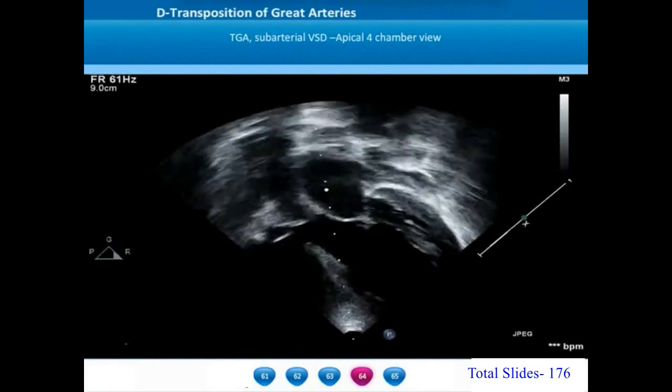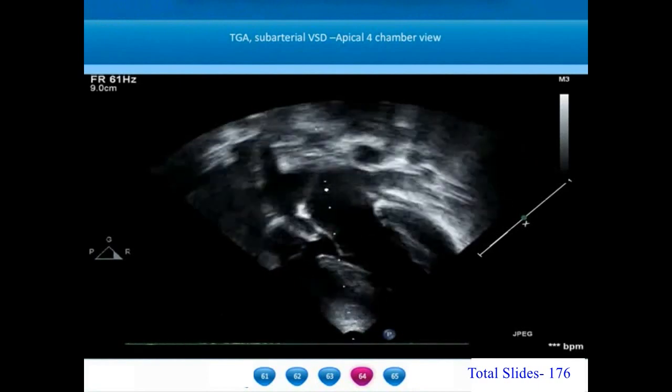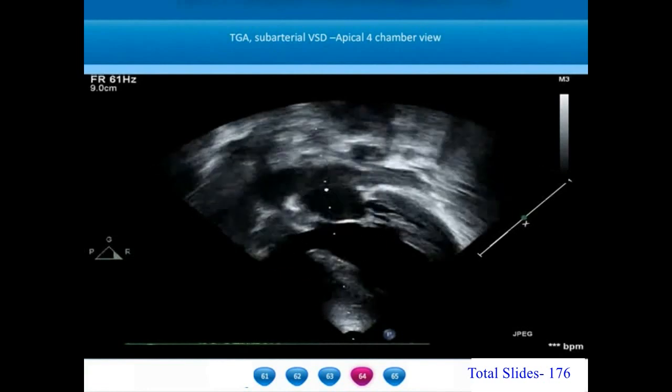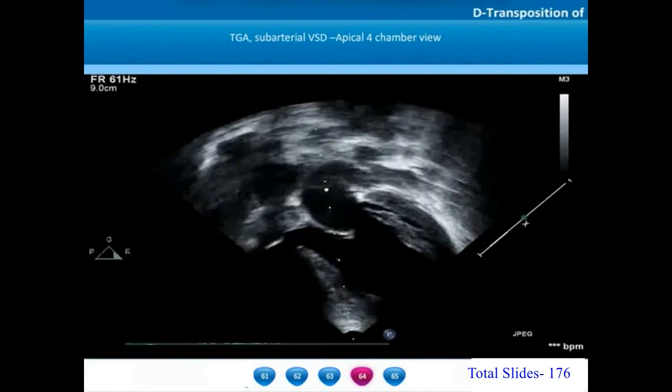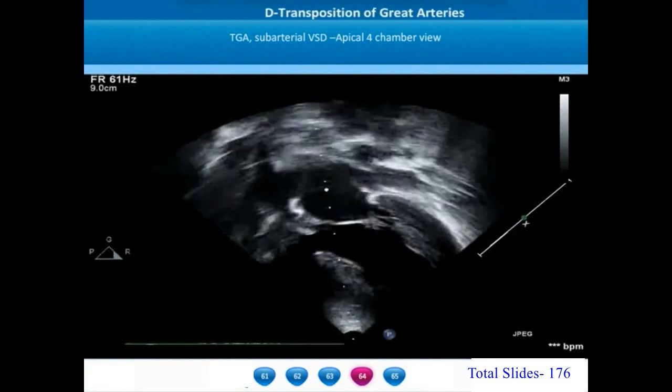Another example of a large conotruncal subpulmonary VSD seen from the apical view. We can notice the pulmonary annulus in fibrous continuity with the mitral annulus. The pulmonary annulus is smaller and there is a large subpulmonary VSD.